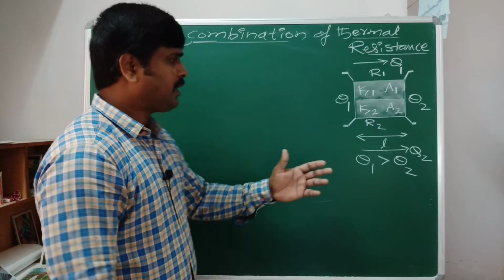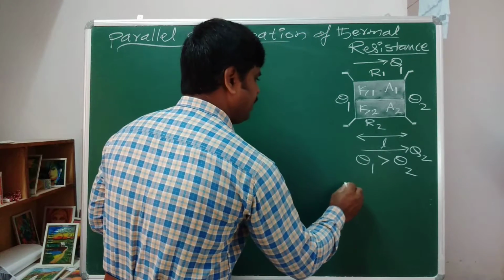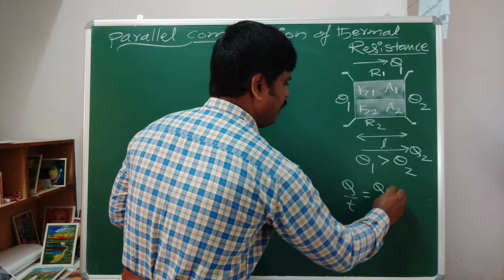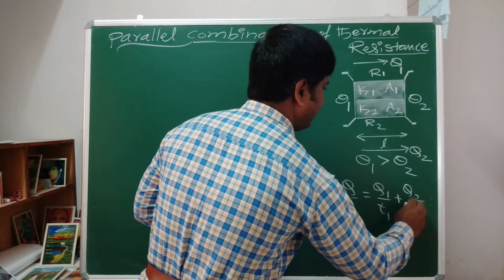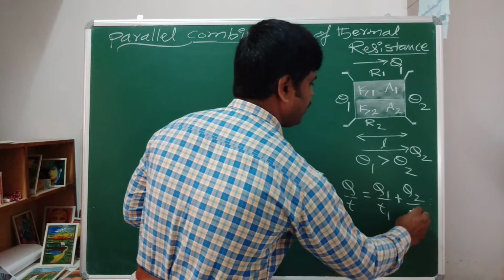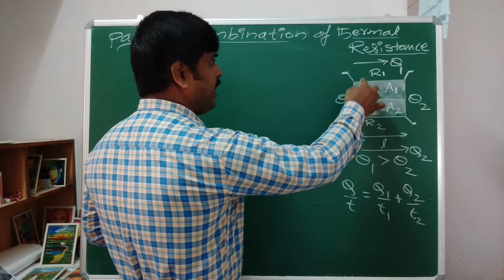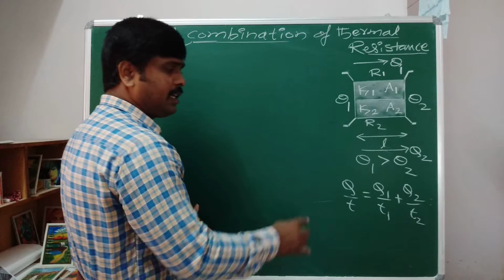We know very well the rate of heat flow, Q by T, is equal to Q1 by T1 plus Q2 by T2. This is the sum of the rate of heat flow of the first and second substances.